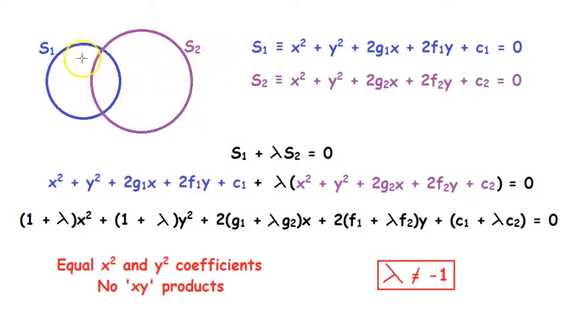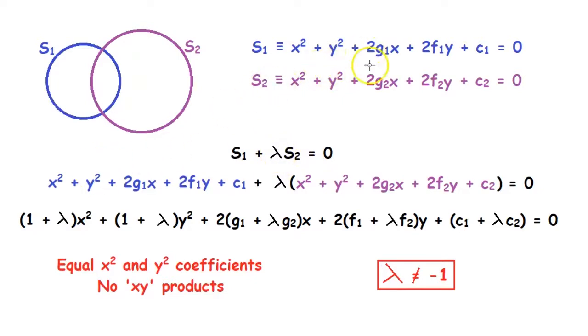Let's take these two circles S1 whose equation is x squared plus y squared plus 2g1x plus 2f1y plus c1 equals 0, and S2 whose equation is x squared plus y squared plus 2g2x plus 2f2y plus c2 equals 0.